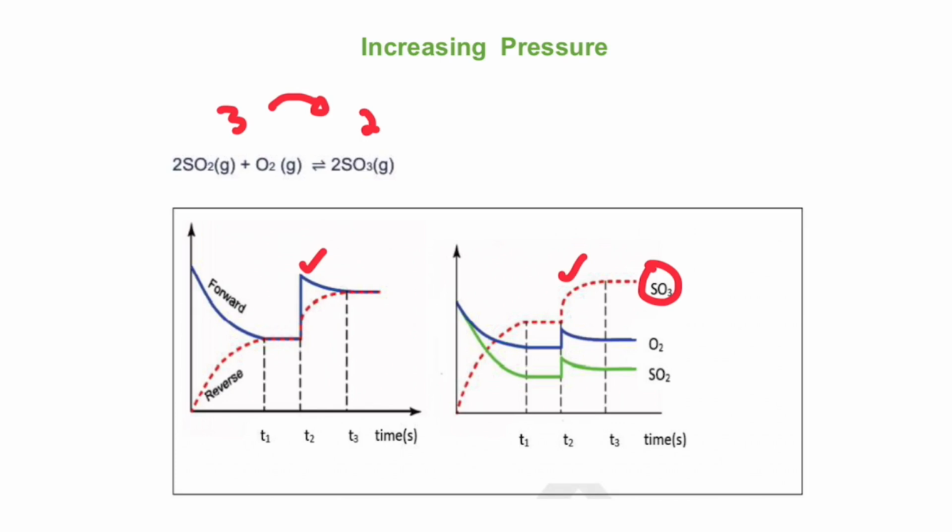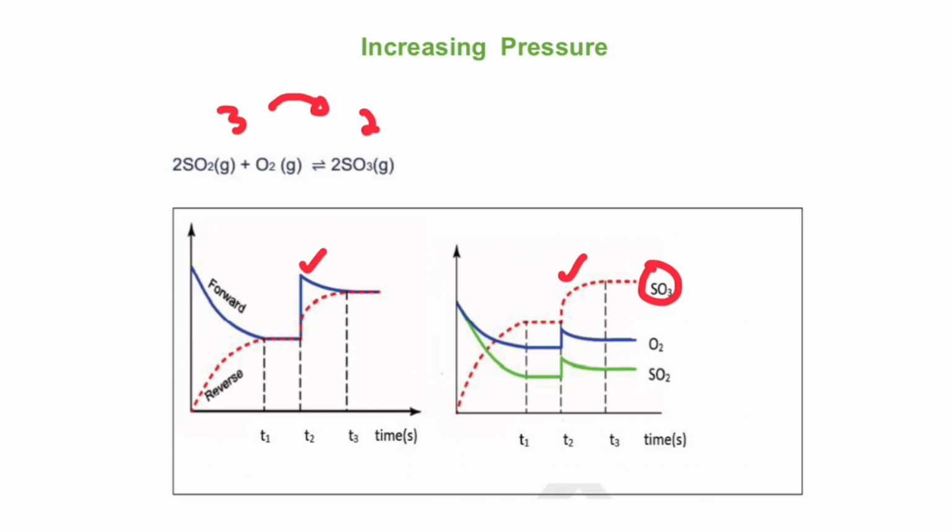So at time T2, it seems like everything goes up for some time, but it is not really everything going up. They're going up because we are looking at the concentration. When we increase the pressure, we now have more concentration, right? So the number of moles are not going up, but it looks like they are because the concentration is going up. But this is a consequence of increasing the pressure.